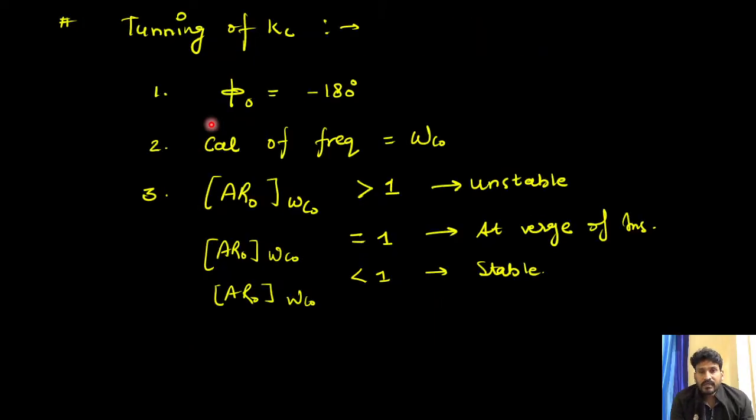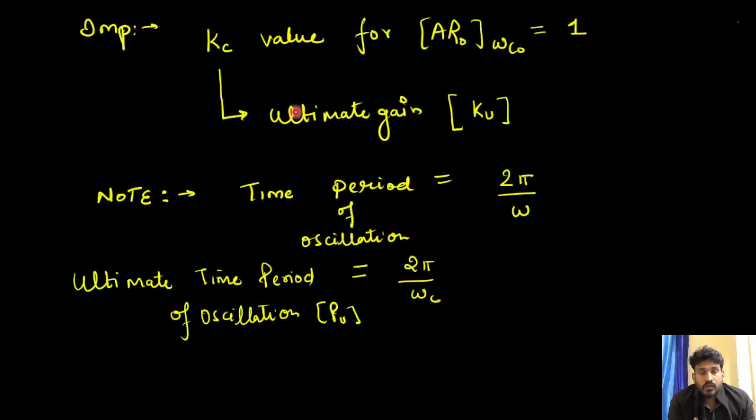Now very important. Let's suppose you are getting, at omega c naught, overall amplitude ratio equal to 1. Okay. So the value of the Kc for which the overall amplitude ratio at the crossover frequency is 1, that is called your ultimate gain.